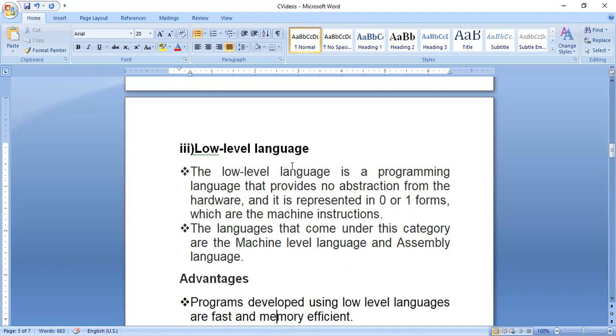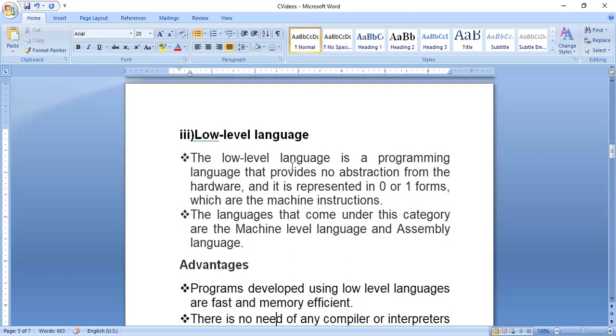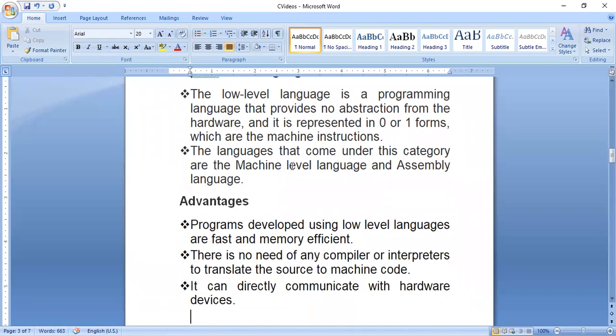Already we discussed this. But the advantage here is that programs developed using low-level language are fast and memory efficient. Because the computer supports machine language directly, it is very fast and also memory efficient. There are no translations. There is no need of any compiler or interpreter to translate the source into machine code.